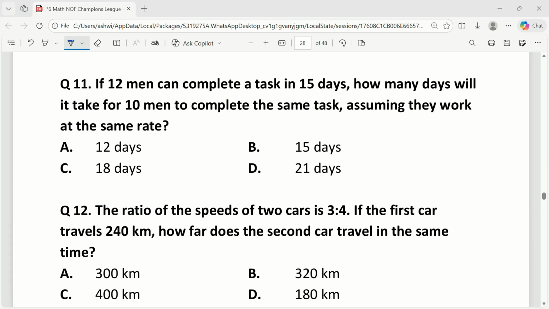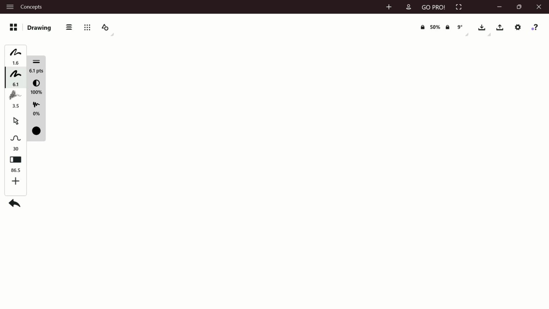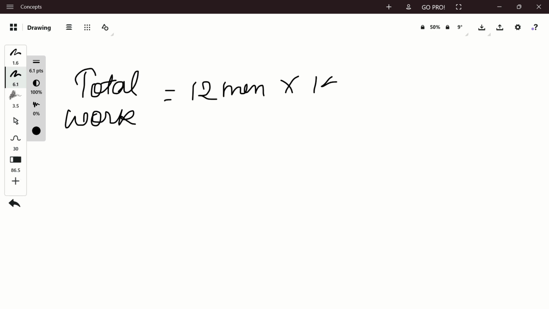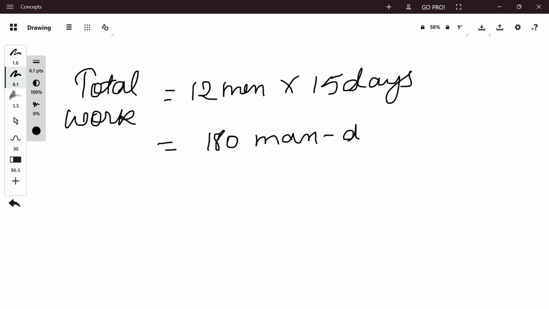Question 11. If 12 men can complete a task in 15 days, how many days will it take for 10 men to complete the same task, assuming they work at the same rate? The total work is the product of the number of men and the days taken. Hence, the total work is equal to 12 men into 15 days, that is equal to 180 man days.